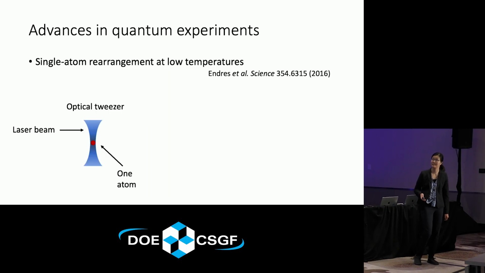There have been many advances in quantum experiments within AMO, and a key advance is single atom rearrangement, where the main technology is optical tweezers, where an optical tweezer is a focused laser beam that can be used to trap individual atoms.